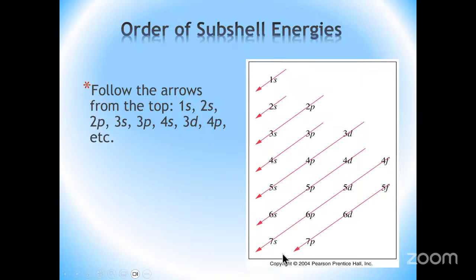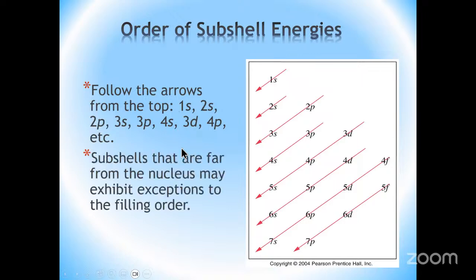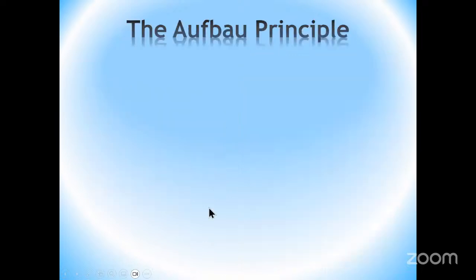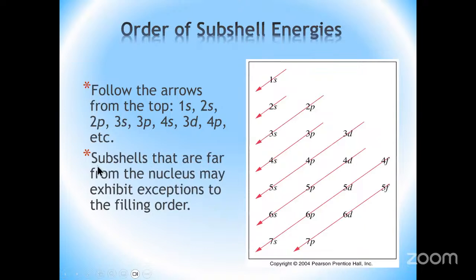So just follow all the arrows from tail to head, and that gives you the order of the orbitals in terms of their energies. And then based on that, you can determine the electron configuration by adding the electrons to the orbitals as needed, all right? Now, it says here, subshells that are far away from the nucleus may exhibit some exceptions to this order, but that would be outside of our scope as far as this course is concerned, all right?